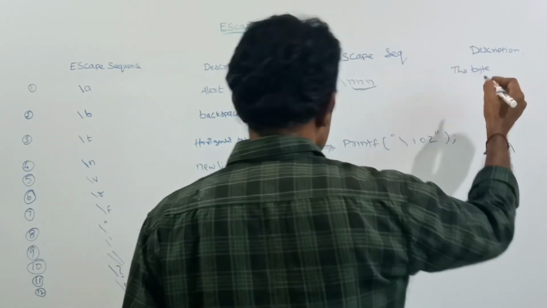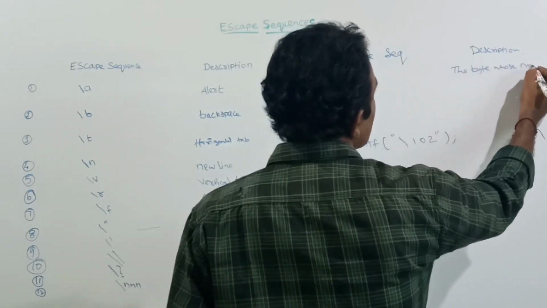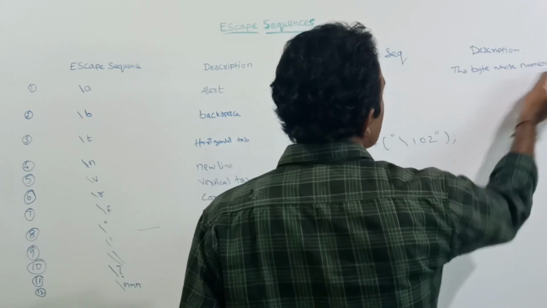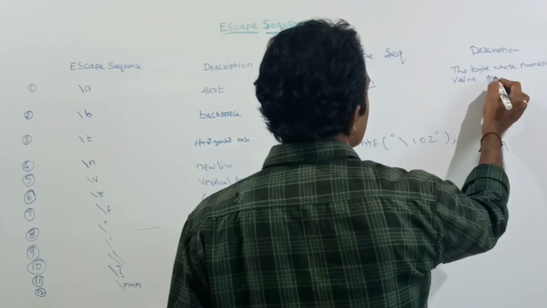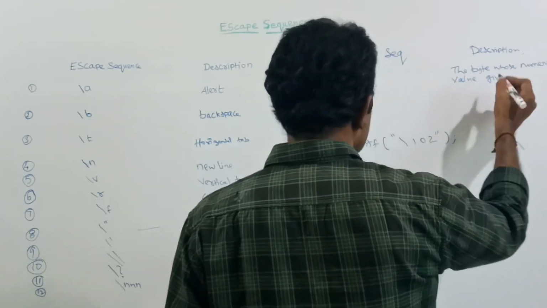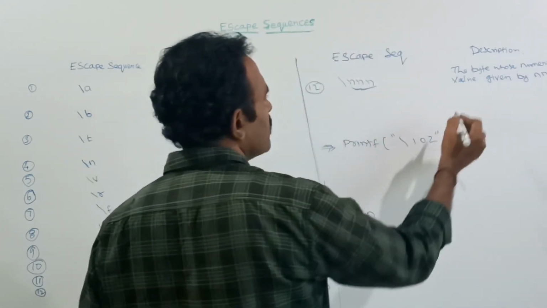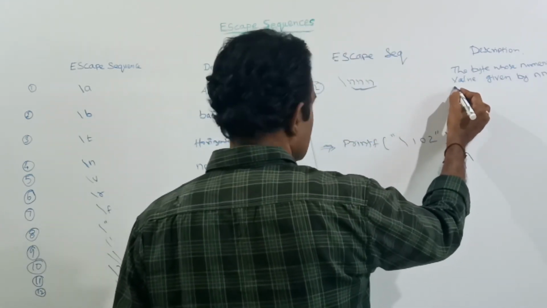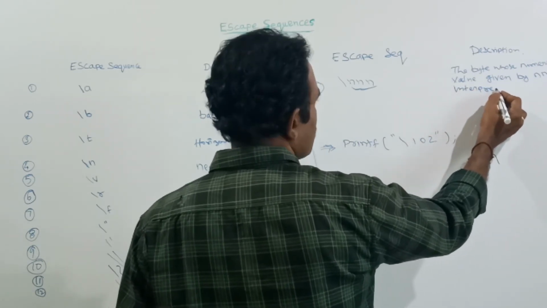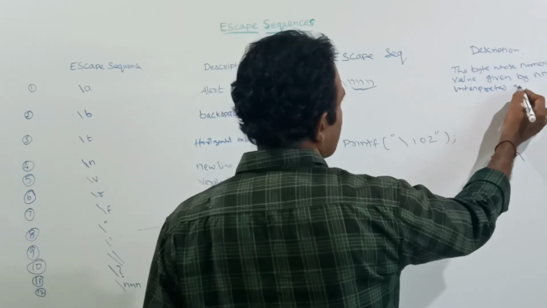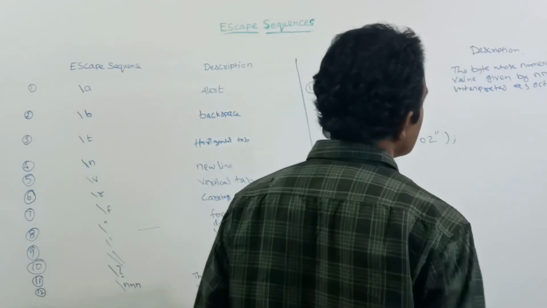The byte whose numerical value given by nn is interpreted as an octal number.